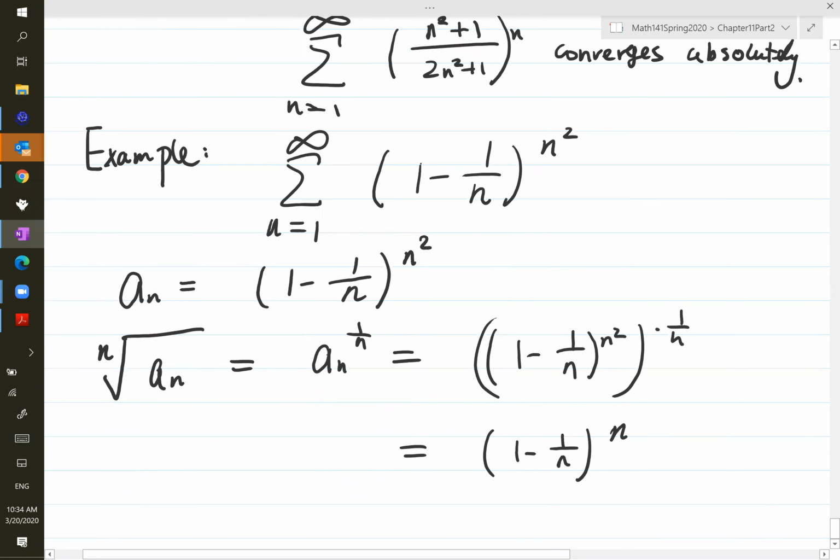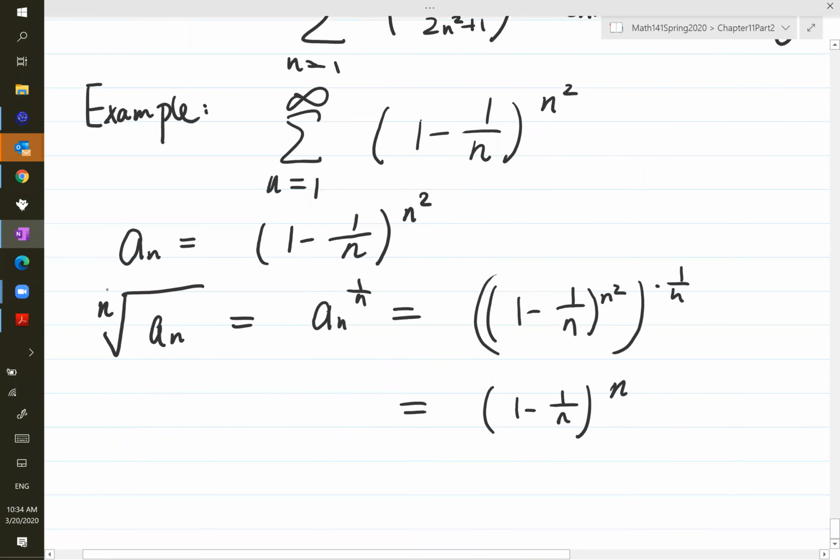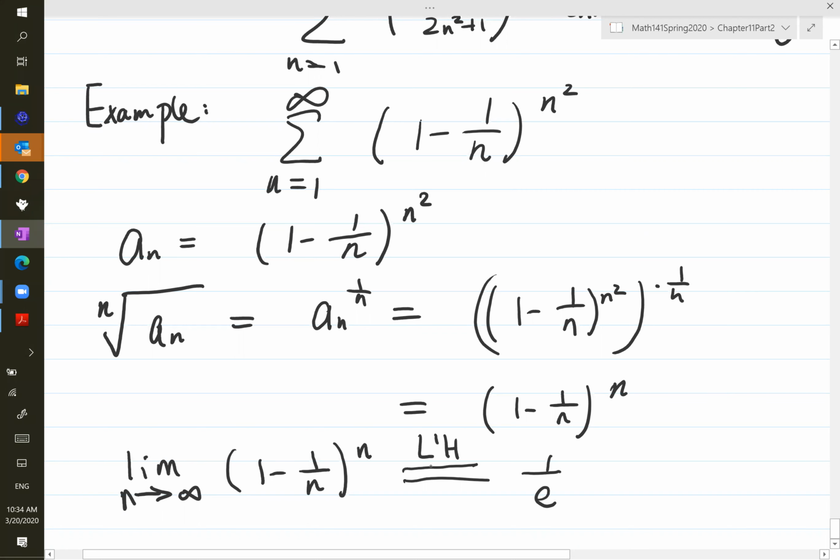Now let's find the limit. This limit is well known. We did this when we started L'Hopital's rule. Remember this limit: it is actually 1 over e. You use L'Hopital's rule. This limit is 1 over e.